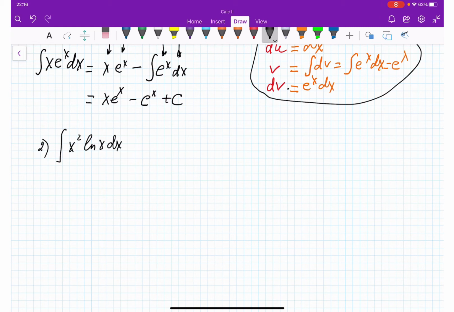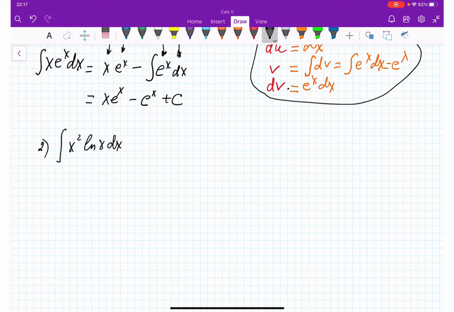Since x squared can be integrated more easily in this integral than logarithm x, right? And also the derivative of natural logarithm x is simpler, right? So therefore I'm going to do this.